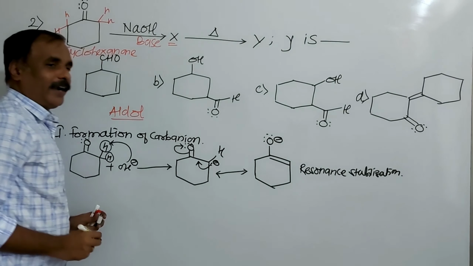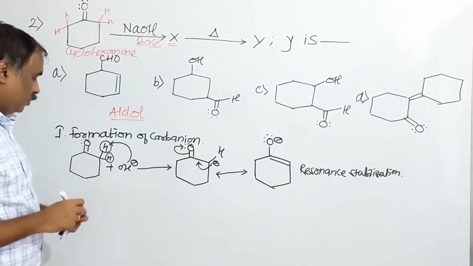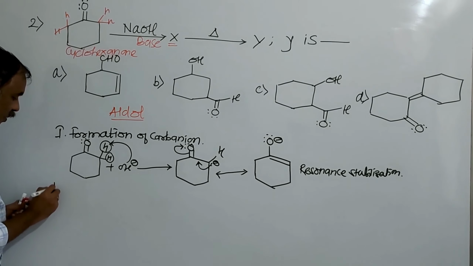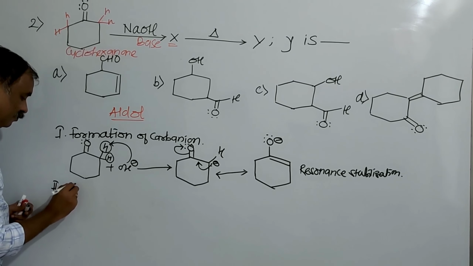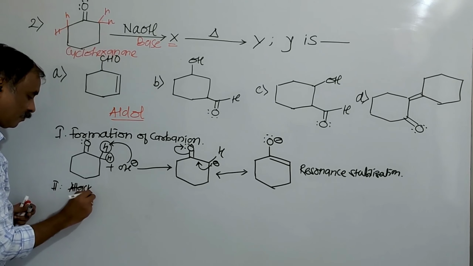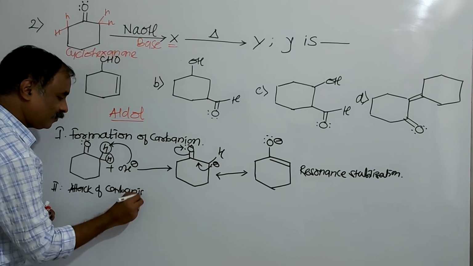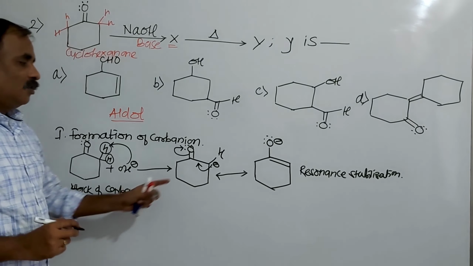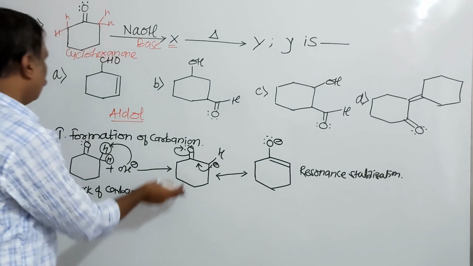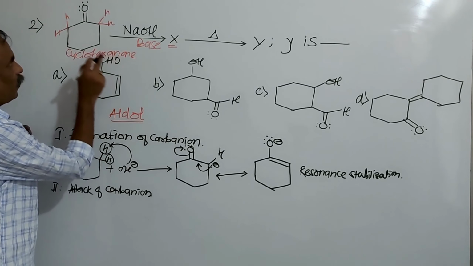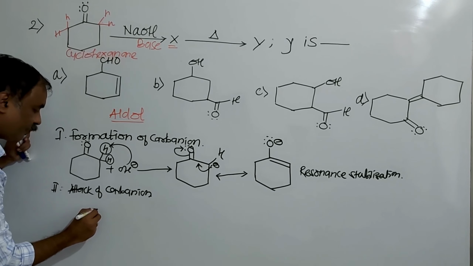Now what is the second step? Attack of the carbanion on a second molecule of cyclohexanone.